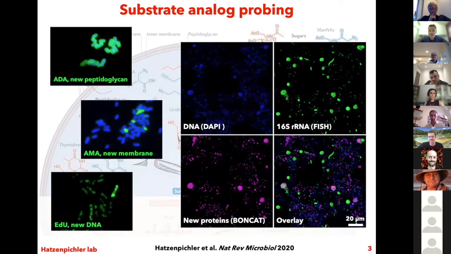So the idea is that you add an amino acid analog that is incorporated instead of methionine into cells, pretty much by all microorganisms that we have ever tested, and that you can couple with other fluorescence microscopy techniques, for example fluorescence in situ hybridization, to then visualize in a complex microbial community who are the organisms by FISH and which of them are making new proteins under a given set of environmental conditions.